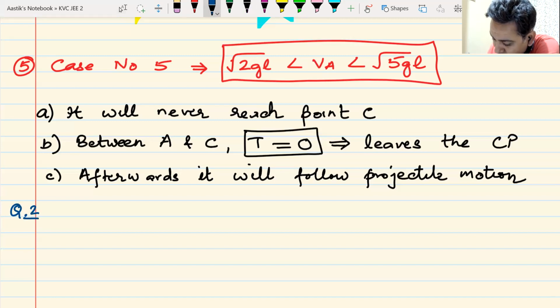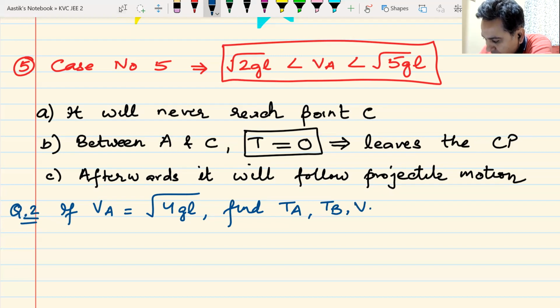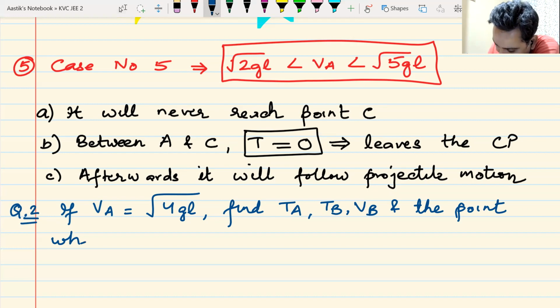Question number 2. If velocity at point A is root over 4gl, and that is from where I start, find tension at point A, tension at point B, velocity at point B, and the point where T becomes equal to 0.